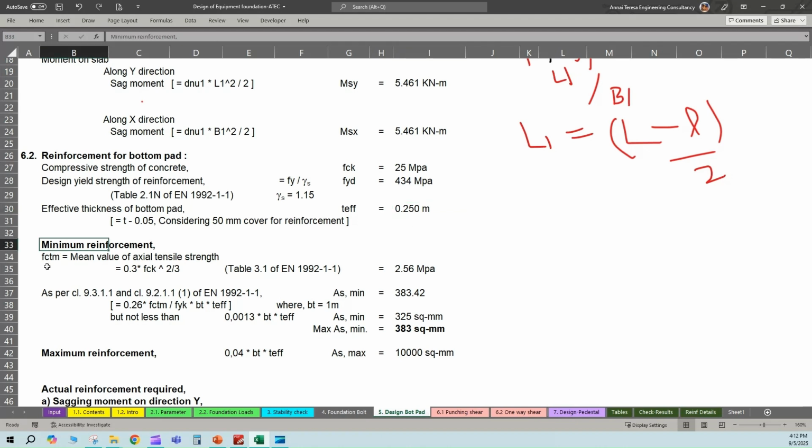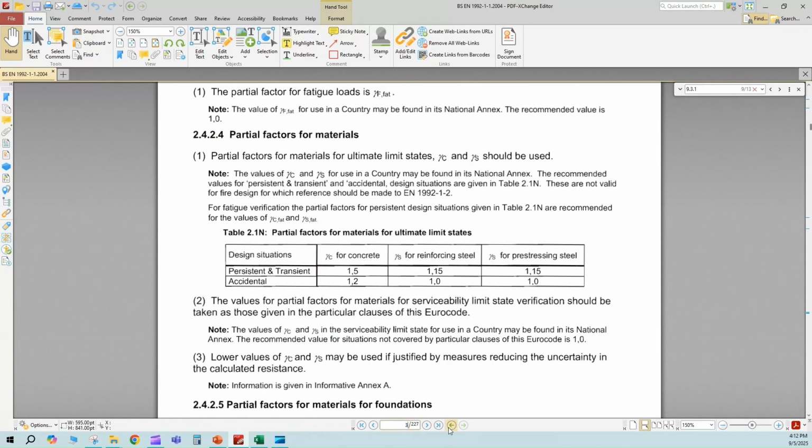Then for the minimum reinforcement, we need to calculate the mean value of axial tensile strength of concrete. The formula is 0.3 into fck to the power 2/3. For that we need to refer to Table 3.1 of EN, which is on page number 31.